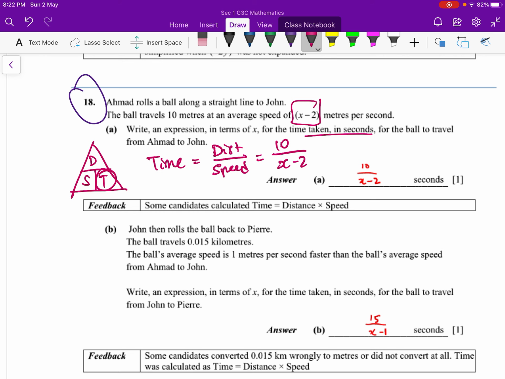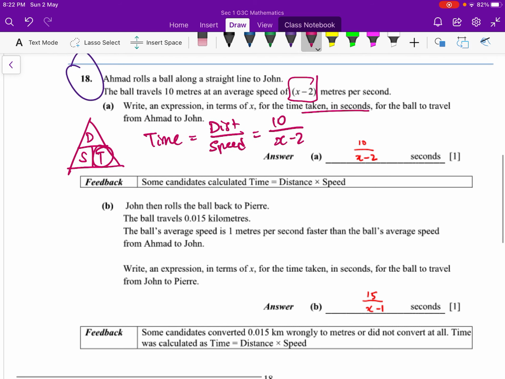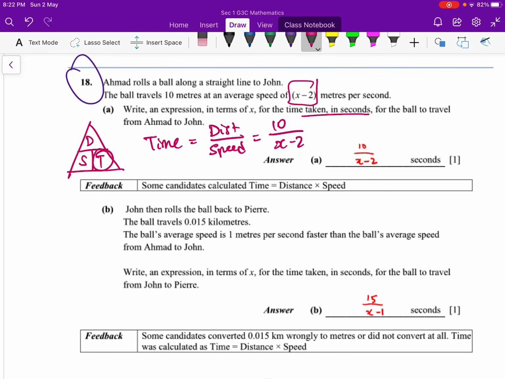Okay, then now part B. John rolls the ball back and now it travels a different distance, 0.015 kilometers. So you times 1000 to get 15 meters. Okay, so it's a different distance now, and the average speed is 1 meter per second faster than the ball's average speed previously.